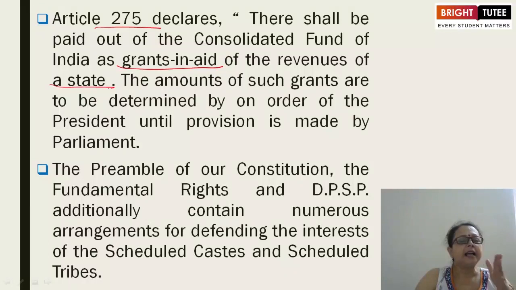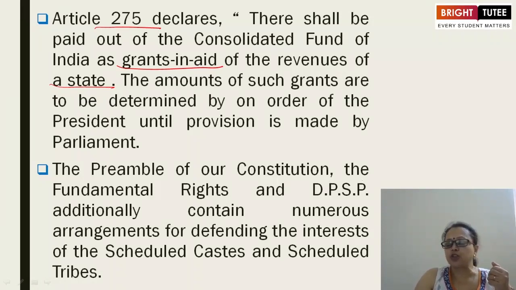The amounts of such grants are to be determined by order of the President. How much amount is to be released for the welfare work of the scheduled castes and scheduled tribes has to come from the President until provision is made by Parliament.